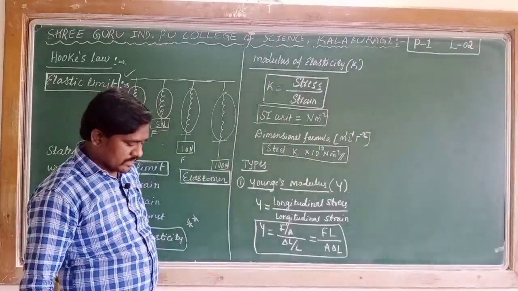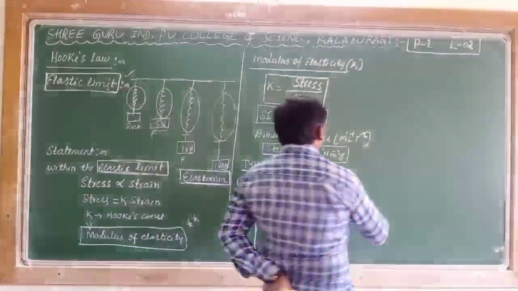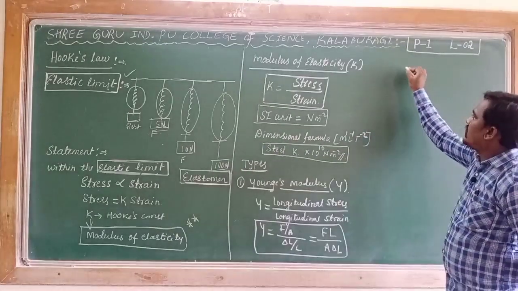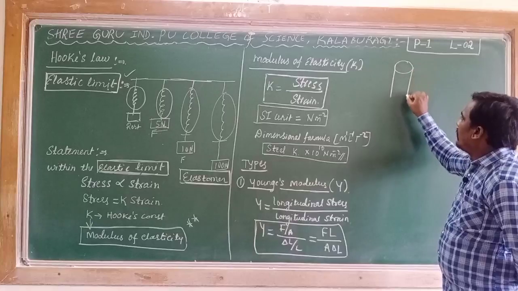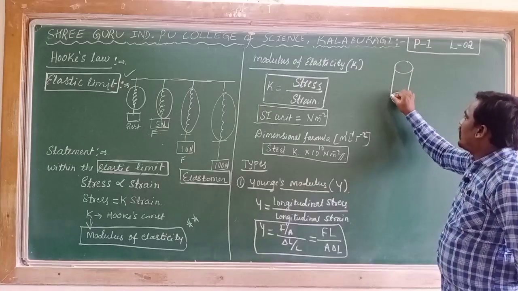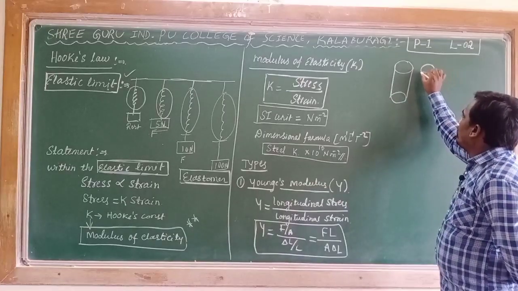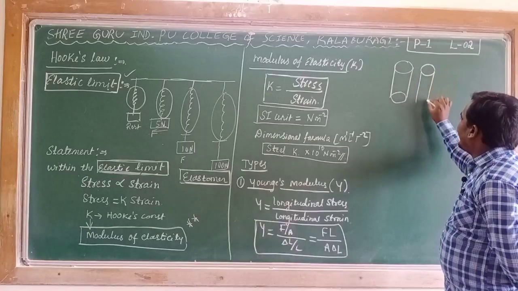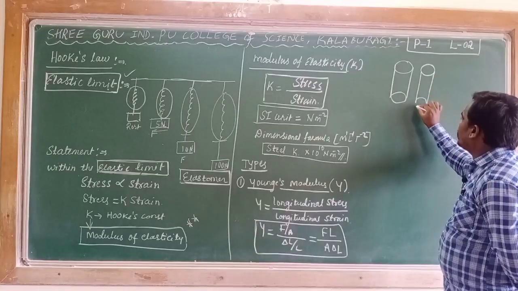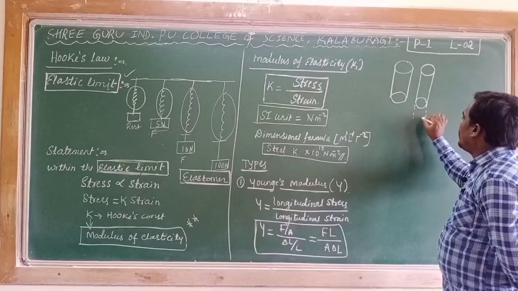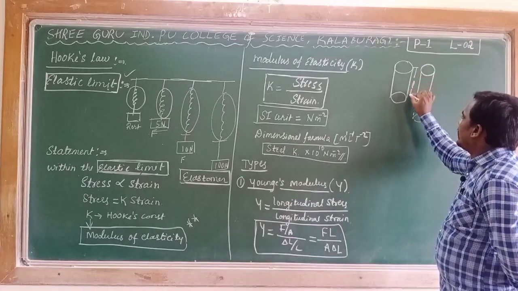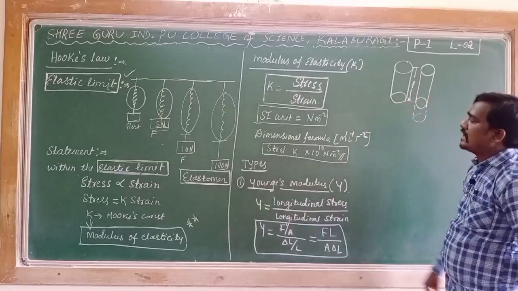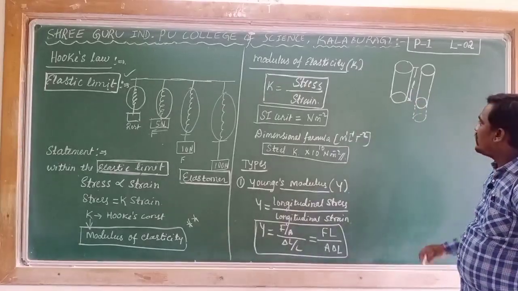for Young's modulus. In this Young's modulus, we are discussing completely the changes of length, that may be normal changes or changes along the direction of applied force. The length may increase. Already we know that. These diagrams we already discussed in the last stress and strain part.